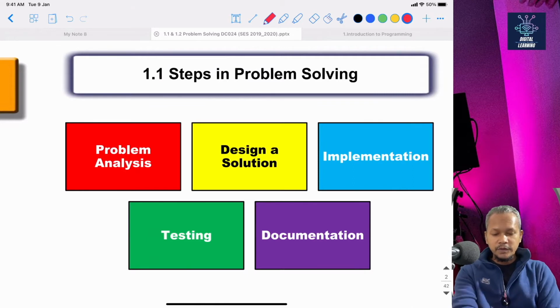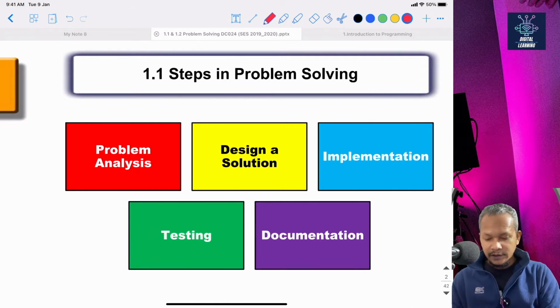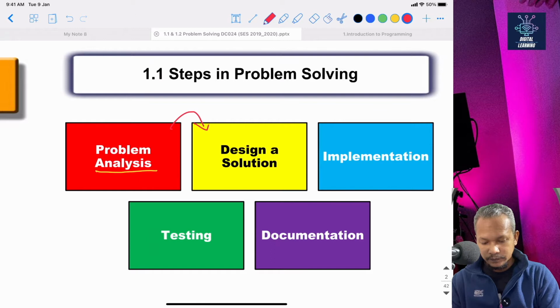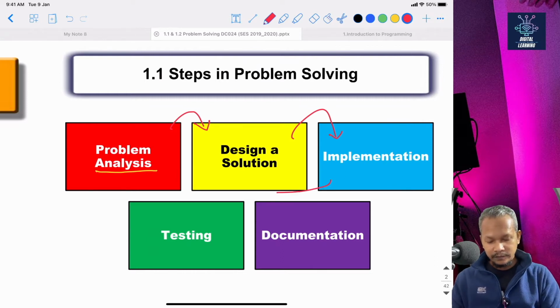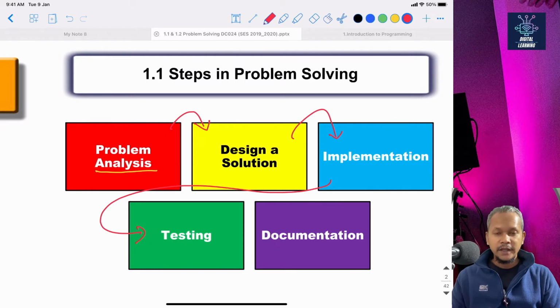Steps in problem solving. First is problem analysis, and then go to the next: design a solution. Next is implementation, testing, and then the last stage is documentation.